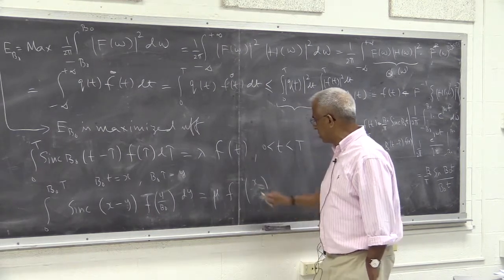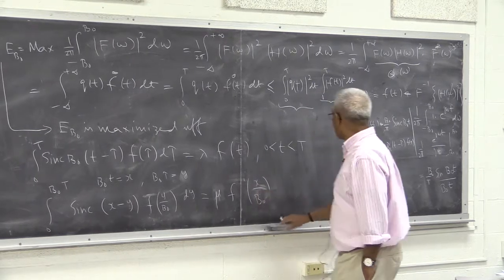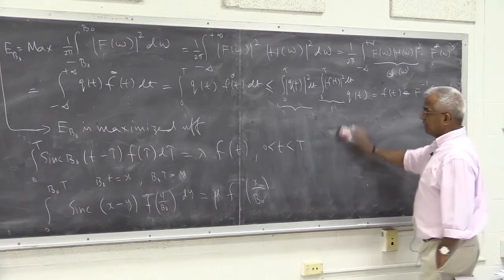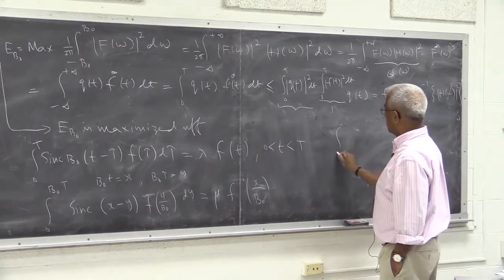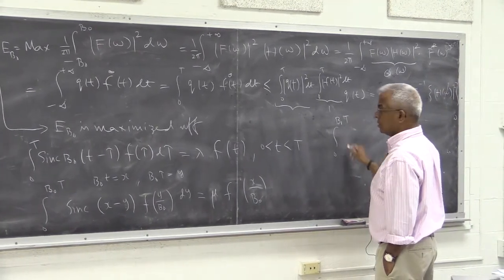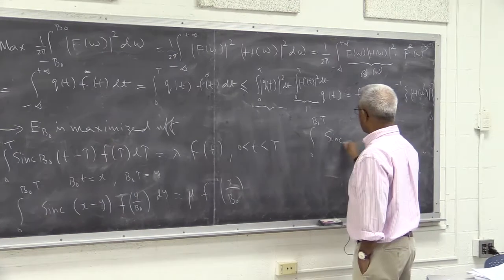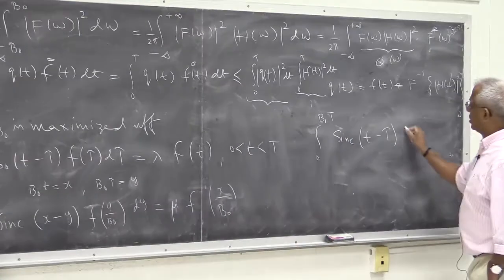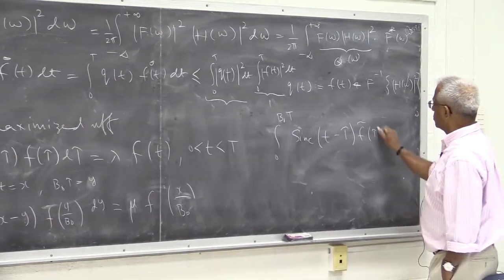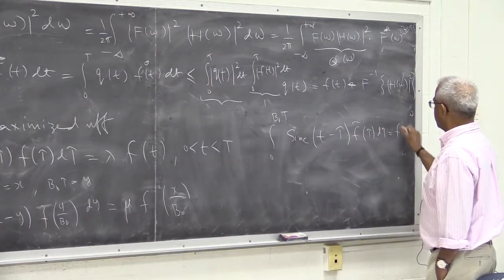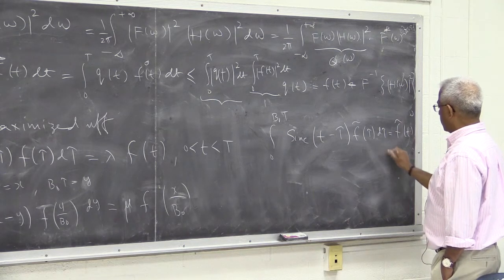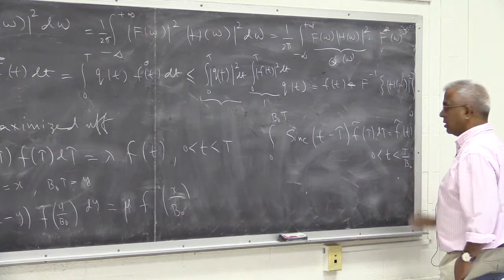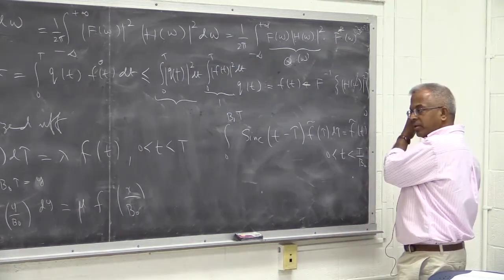So finally you can rewrite that expression as integral 0 to b naught t sinc t minus tau f tilde of tau d tau equals f tilde of t, where t is now from 0 to t over b naught, a normalized duration.